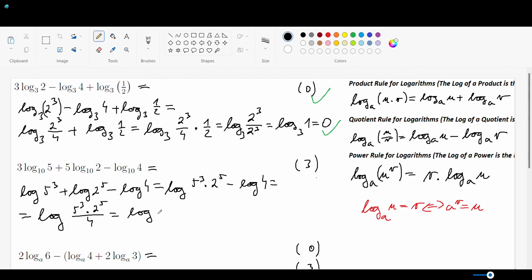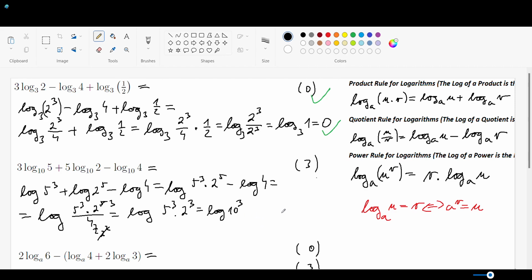And it is equal to logarithm base 10, of course, or common logarithm of, and as you can probably see, 4 is 2 to the power of 2, and we apply the rules for exponents, so this is going to be cancelled like this: 5 to the power of 3 times 2 to the power of 3, which, when we apply the rules for exponents, is logarithm of 10 to the power of 3.